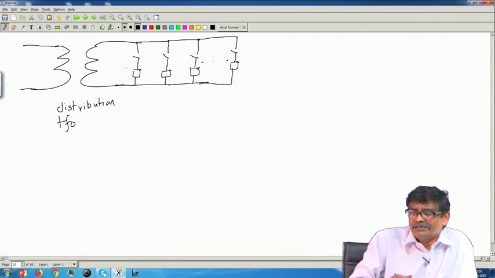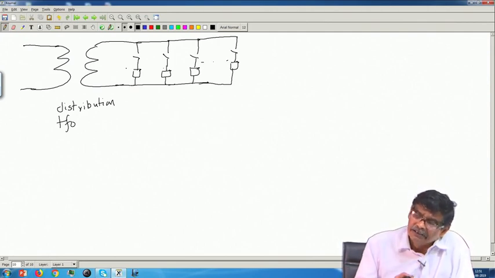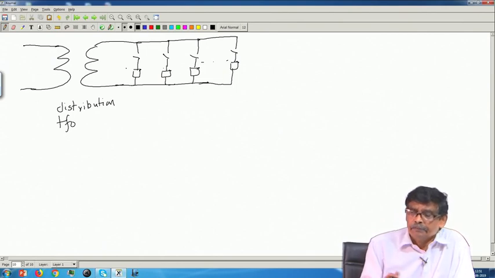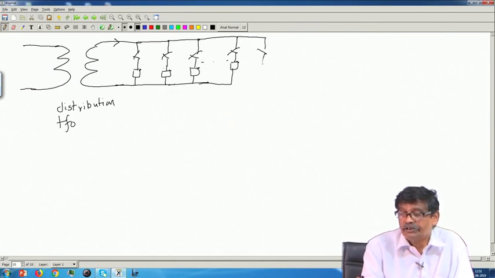But with a large number of consumers, it is found that there is a general type of variation of load on the secondary of the transformer. When you close these two consumers, the current supplied is this plus this. So, load increases as consumers connect their loads, you understand that.